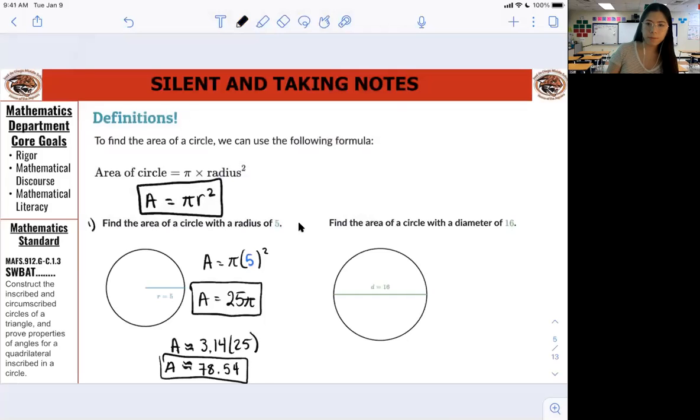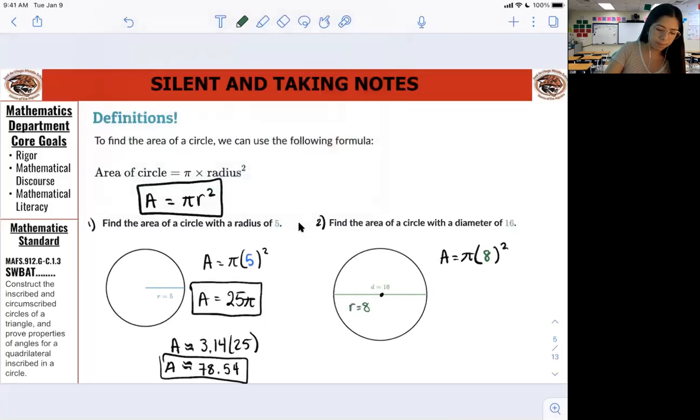Find the area of a circle with a diameter of 16. What do I do here? Divide the diameter by 2. Good. If the diameter is 16, what's the radius? 8. Good. So you just have to be careful. If they give you the diameter, you want to make sure that you divide it by 2 before you use it.